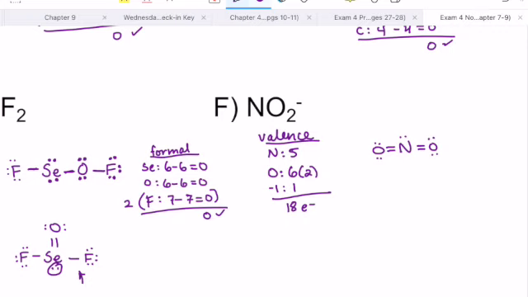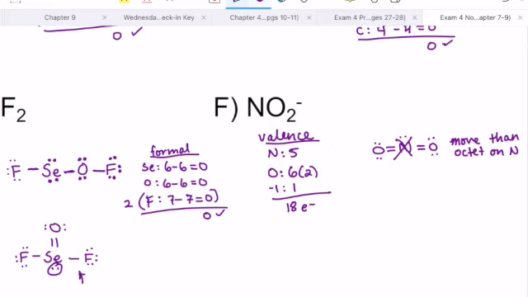The nitrogen's not an octet. That's right, nitrogen's not an octet. So this has more than an octet on nitrogen, so we can't make it work. Okay? But drawing it is still good because it helped you see that.